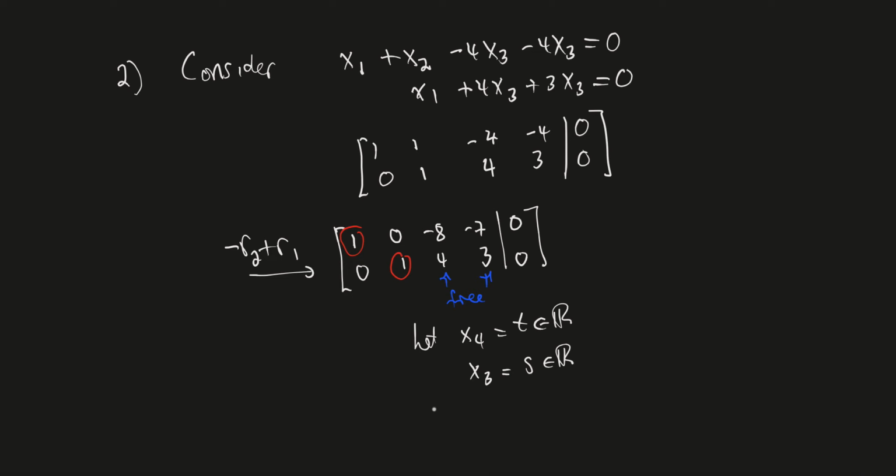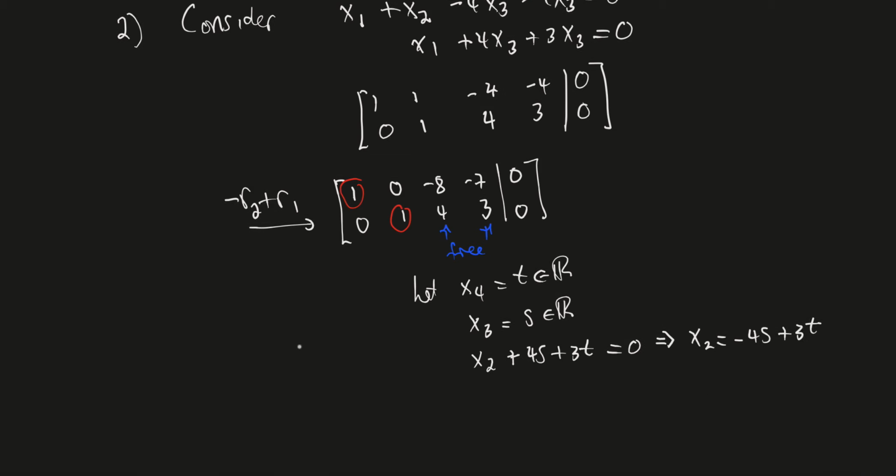The second equation tells me that x2 plus 4s plus 3t is equal to 0. So therefore, x2 is equal to -4s plus 3t, right?